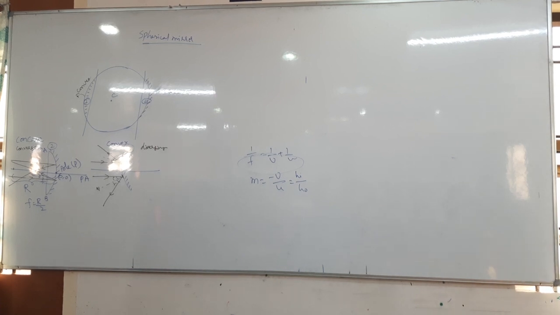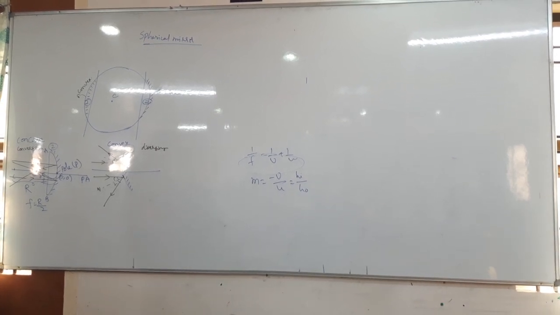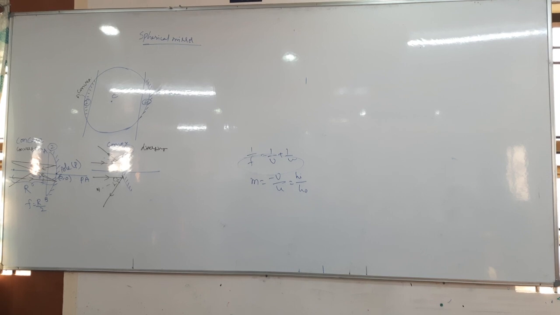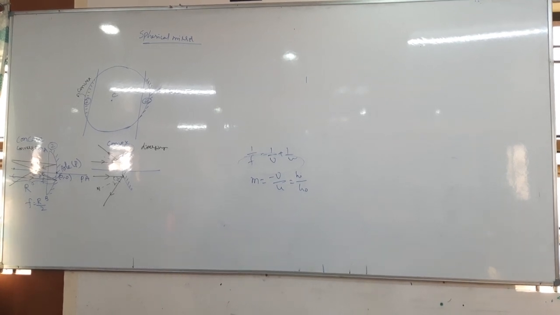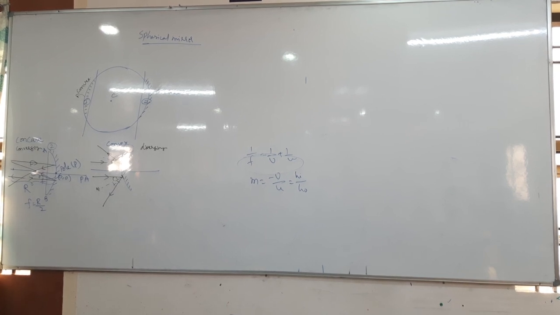Draw the first diagram. First draw a sphere, only sphere. Then indicate the convex and the concave mirror in that.